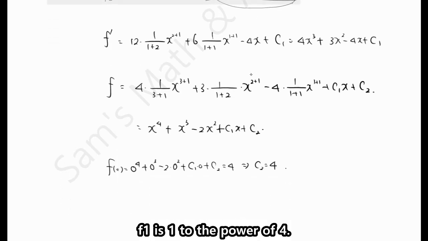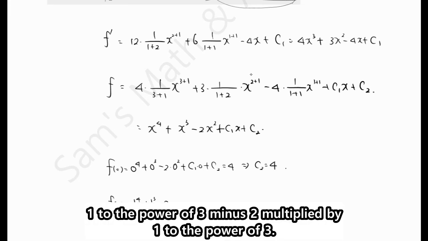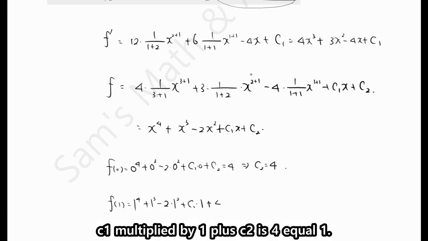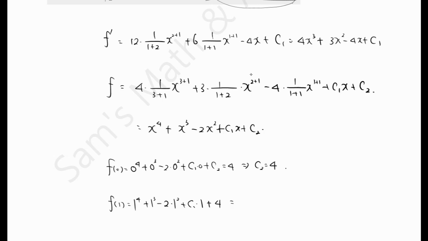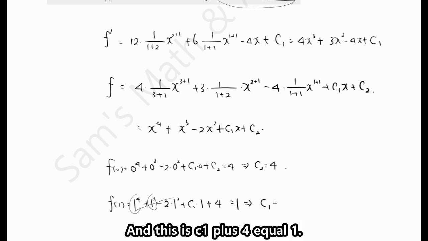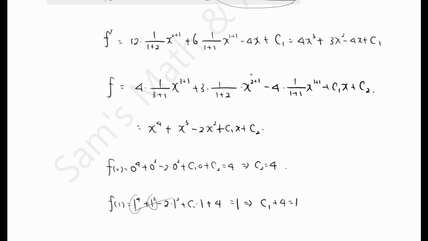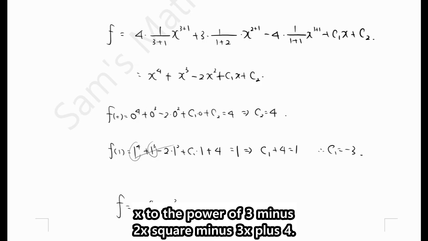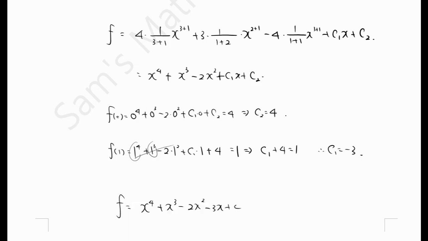So f(1) is 1 to the power of 4 plus 1 to the power of 3 minus 2 multiply 1 squared plus c1 multiply 1 plus c2, which is 4, equal 1. So this 1 and 2 cancel, and this is c1 plus 4 equal 1. So c1 is minus 3. The antiderivative f is x to the power of 4 plus x to the power of 3 minus 2x squared minus 3x plus 4. This is the answer.